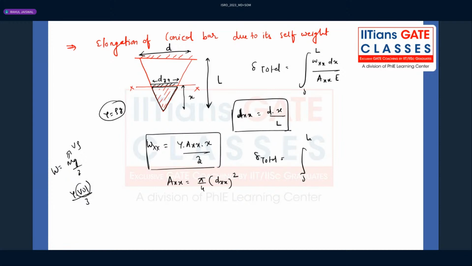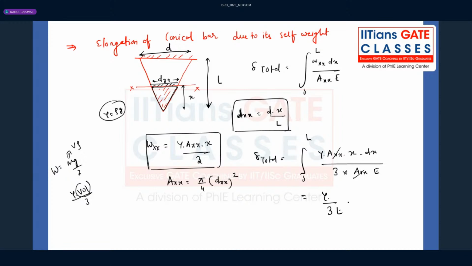What will you be getting? Wxx will be gamma into Axx into x into dx divided by 3 into Axx into E. This will cancel out. So what I will be getting?